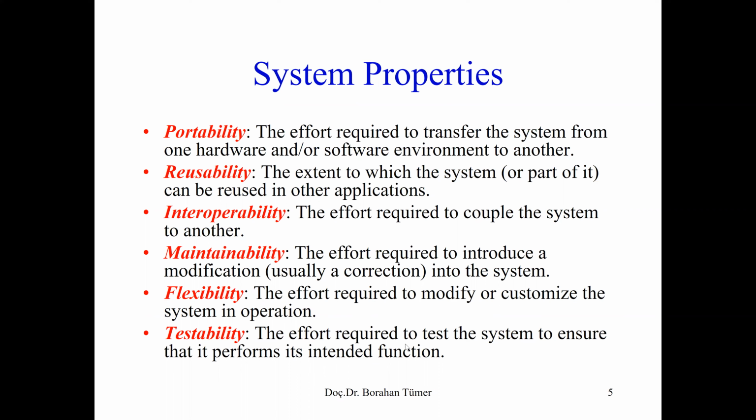It is the effort required to test the system to ensure that it performs its intended function. For example, testability gives us the capability of the system, how easy it is to test the system for a given function of it.